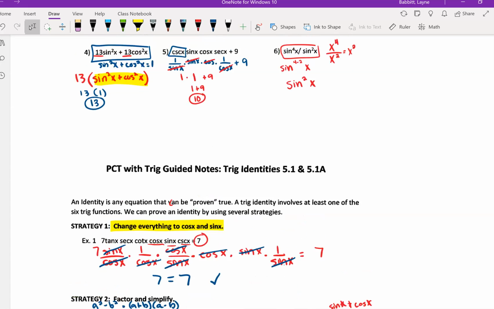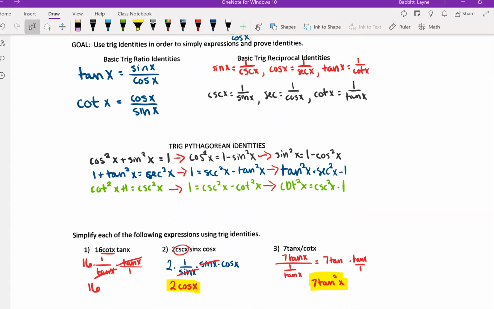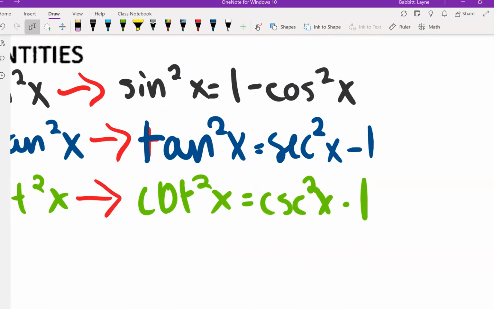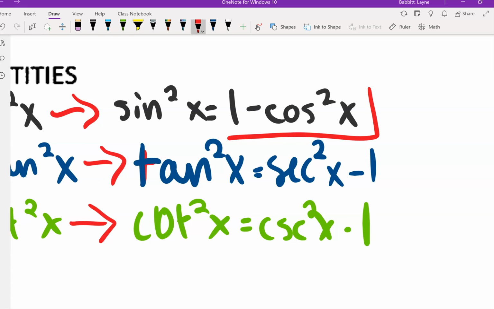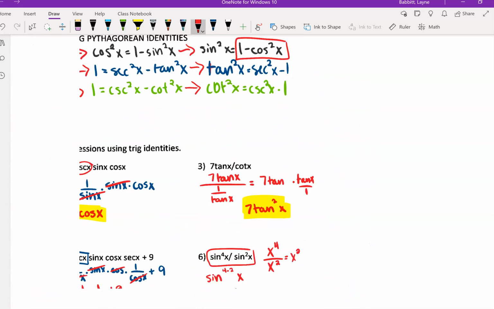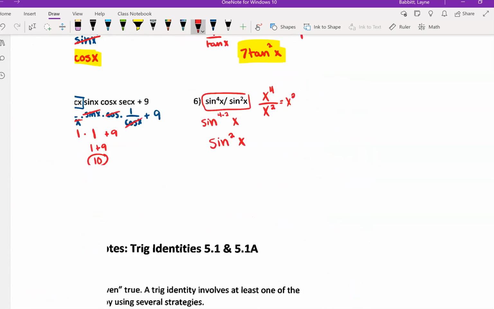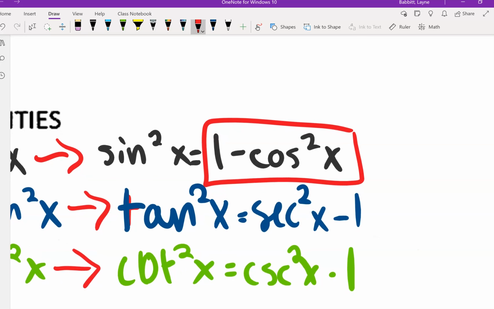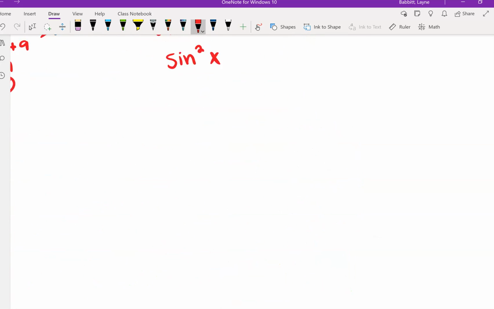Cosine squared x minus 1. That's one of our variations of our Pythagorean identity. Or it's similar to it. It looks very similar to this. So I want it to become 1 minus cosine squared x, not the other way around. And then I can say that it's the same as sine squared x.